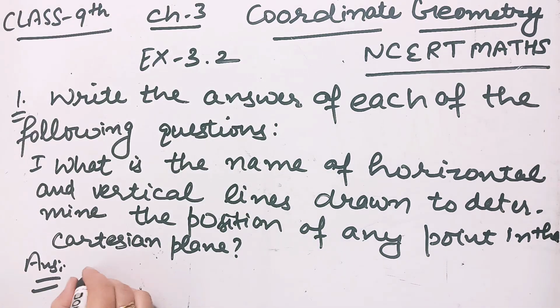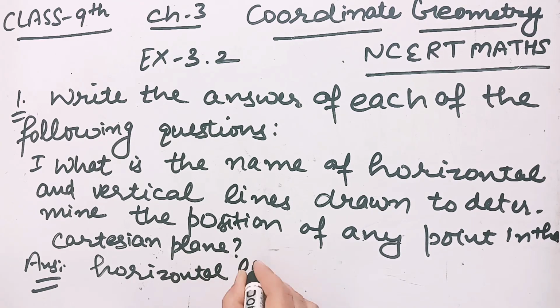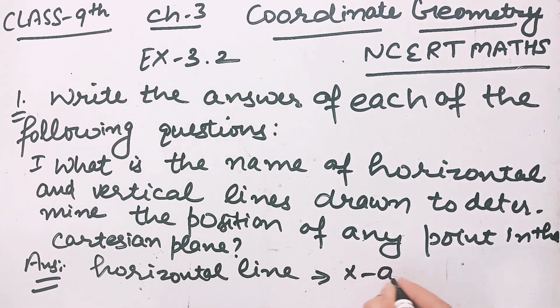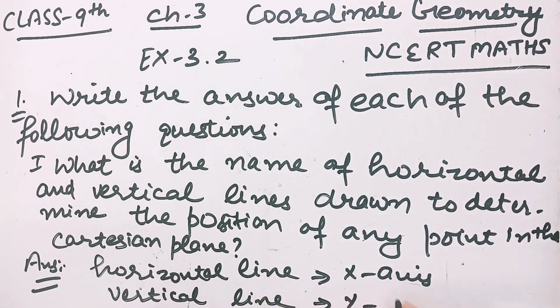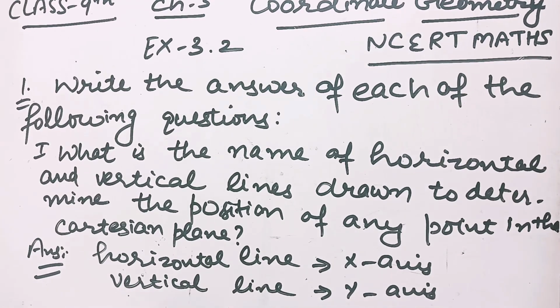So you can write here: horizontal line is x-axis, vertical line is y-axis. This is the answer of the first part.